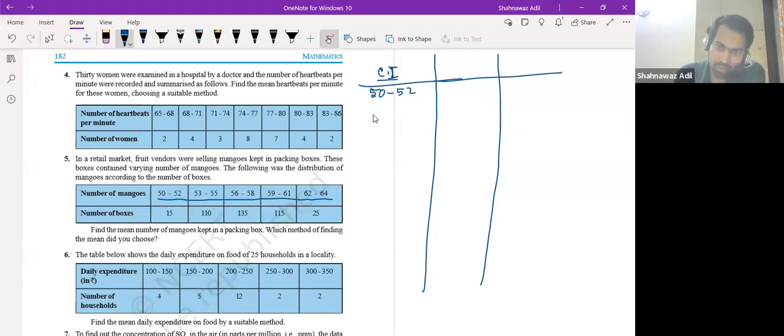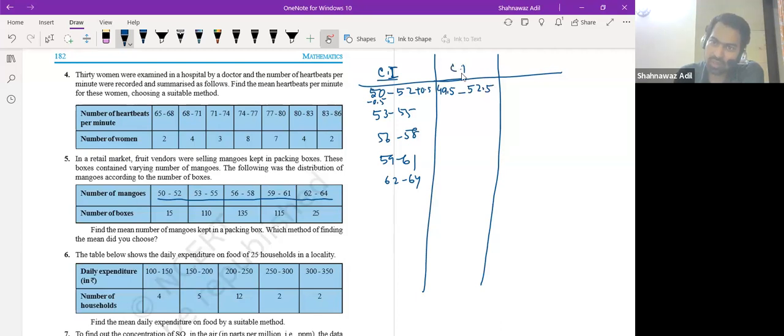Okay, so without wasting time, let us continue: 49 to 52, 52 to 55, 58, 59, 61, 62, 64. The idea is that if you want to make it a continuous one, we add plus 0.5 in the upper limit and subtract minus 0.5 in the lower limit. So this would become 49.5 and then this becomes 52.5.